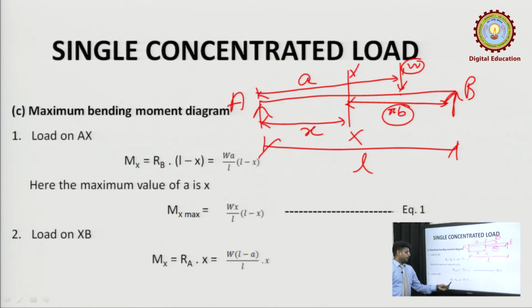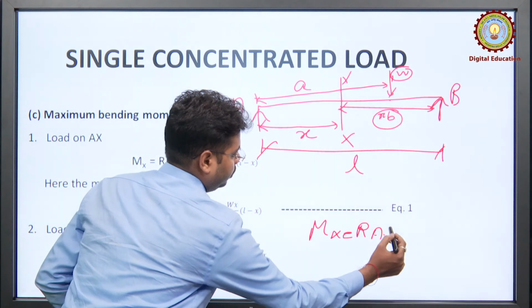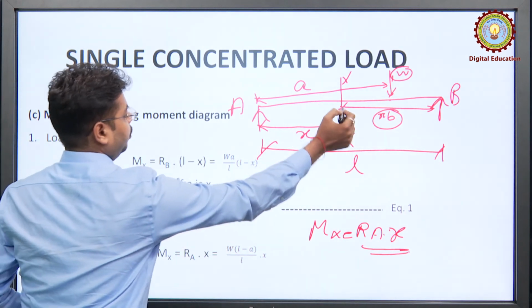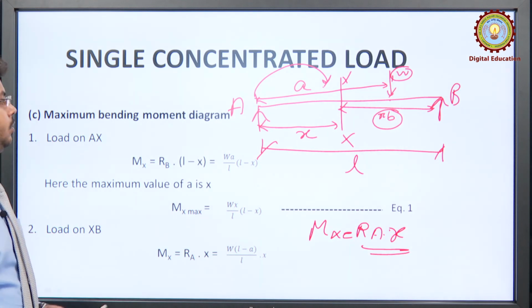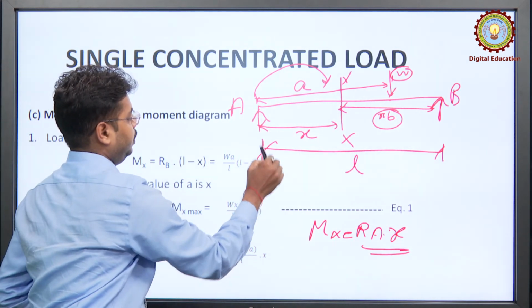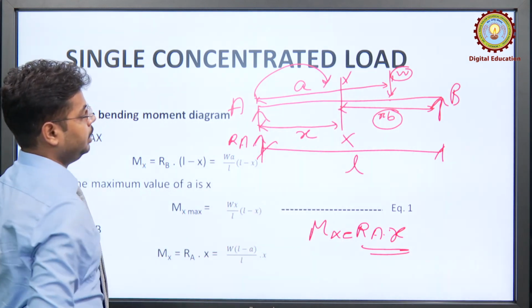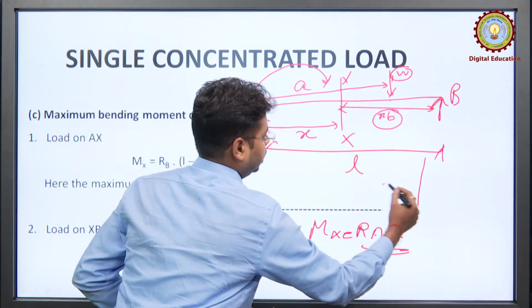Now the equation for moment at x: what will it be? RA into x. How can we find that? The moment at x is RA into x, in the anti-clockwise direction.